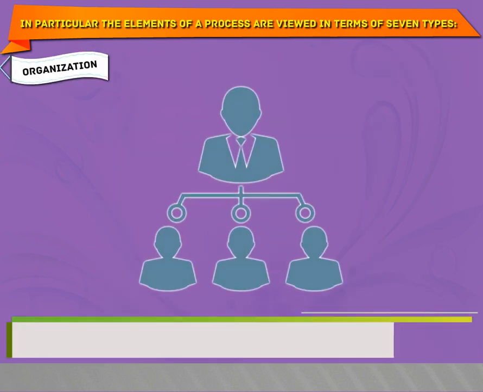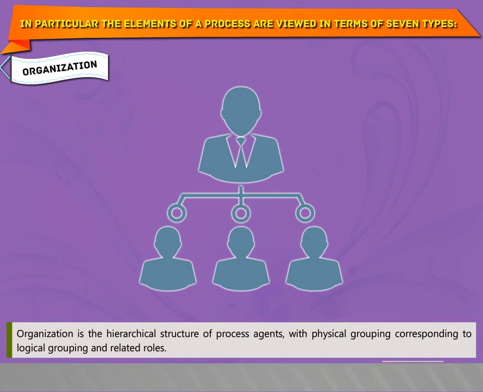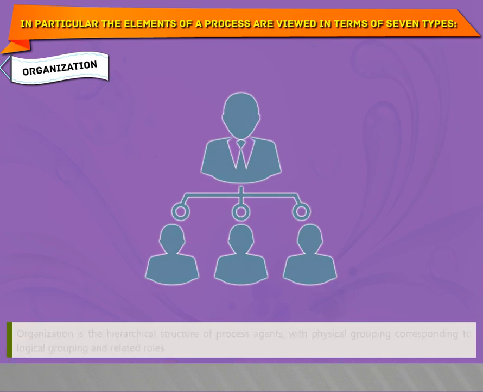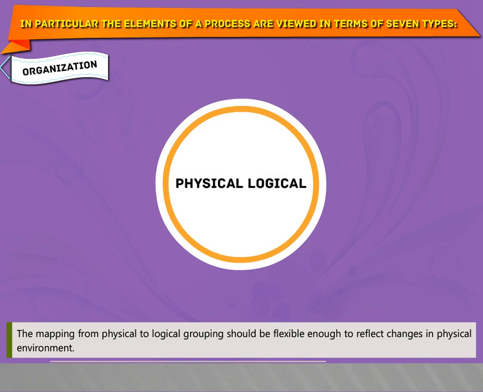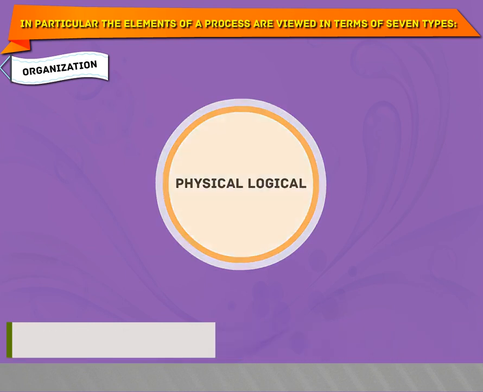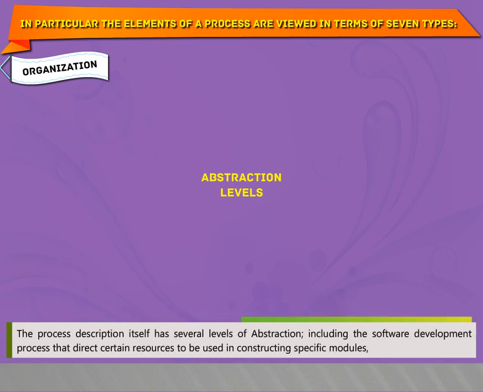Organization. Organization is the hierarchical structure of process agents, with physical grouping corresponding to logical grouping and related roles. The mapping from physical to logical grouping should be flexible enough to reflect changes in physical environment.